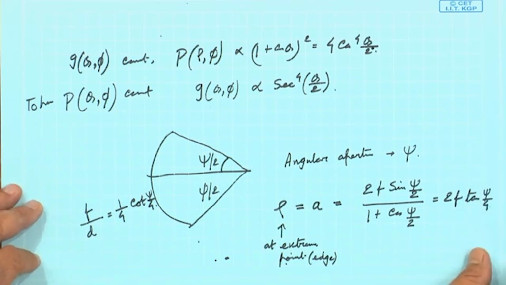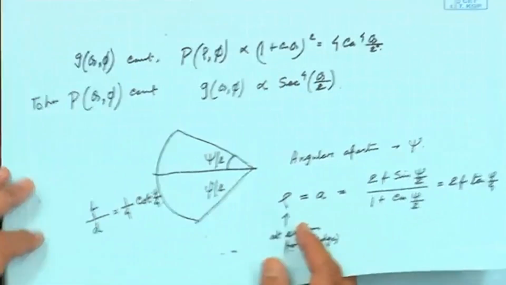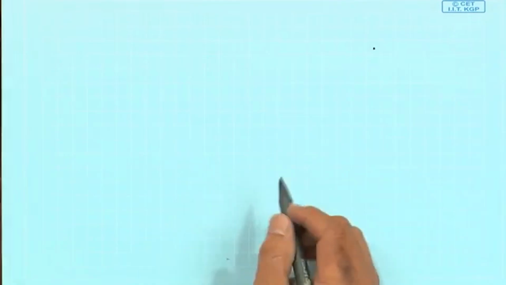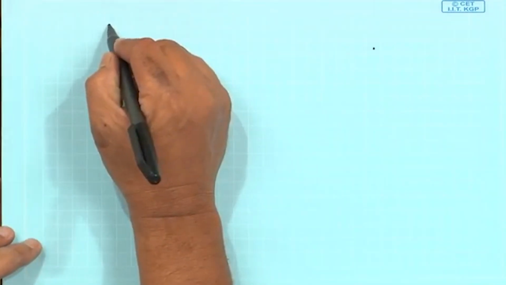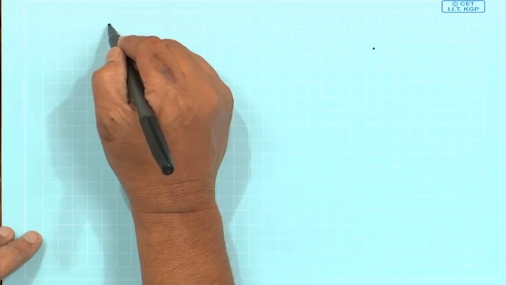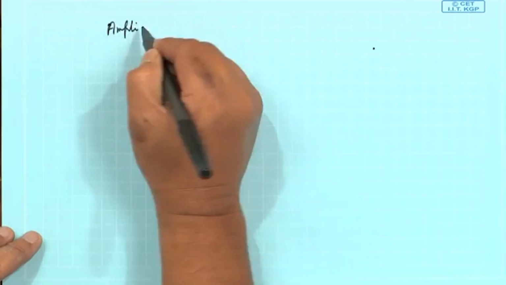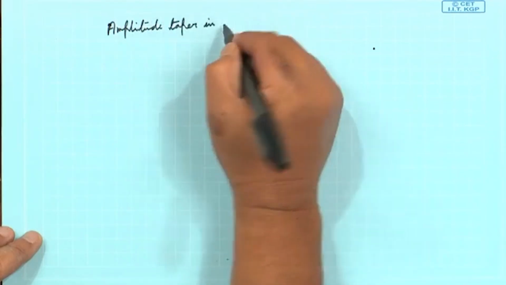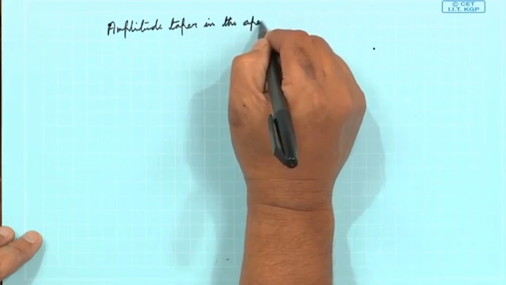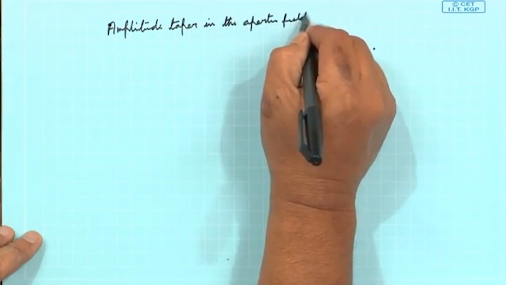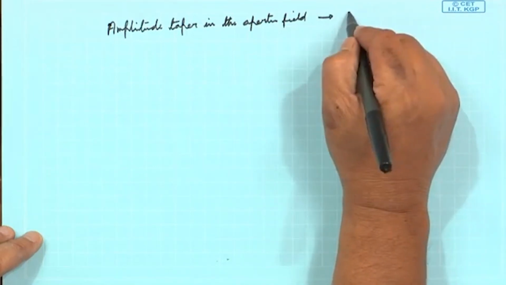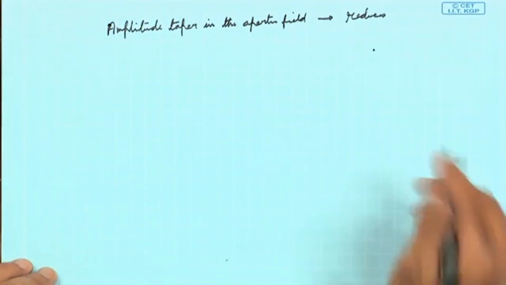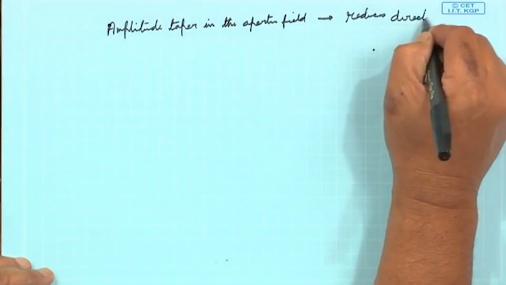Now, here I will say that ultimately we will see the amplitude taper in the aperture field. This reduces the directivity, because it increases the beam width, so it reduces directivity.